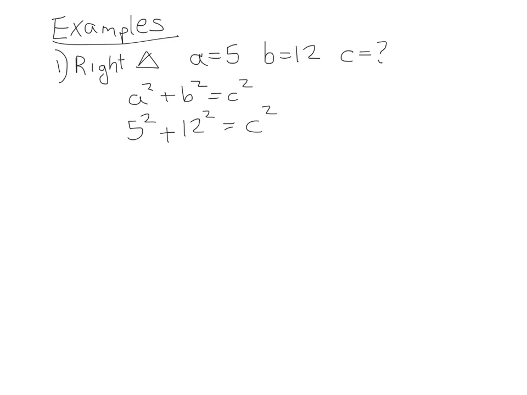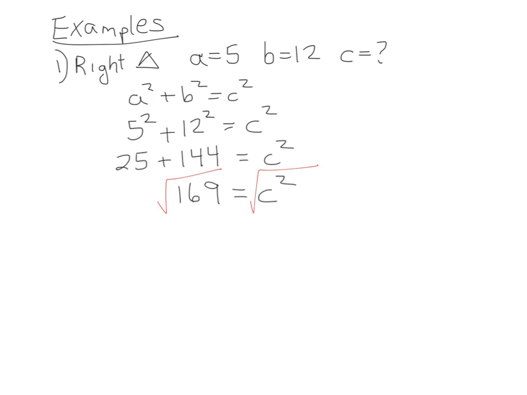And then just follow your order of operations. Exponents come before addition, so 5 squared is 25, 12 squared is 144, and that equals C squared. 25 plus 144 is 169 equals C squared. And then remember, the opposite of squaring something is that you take the square root of both sides.